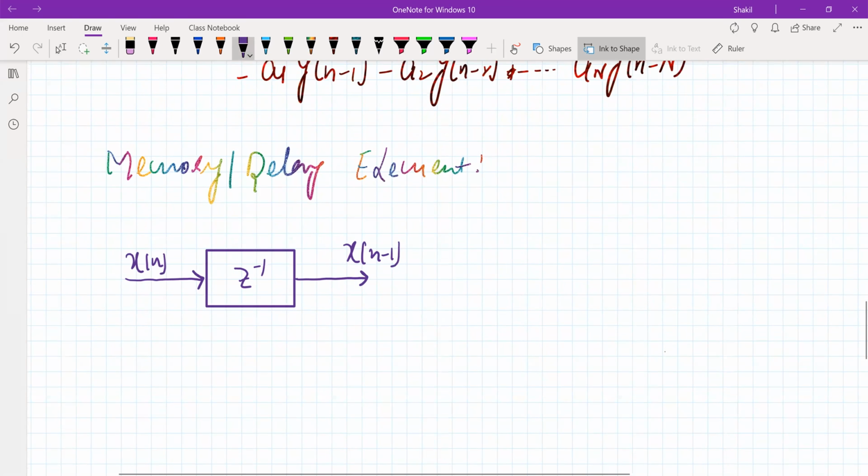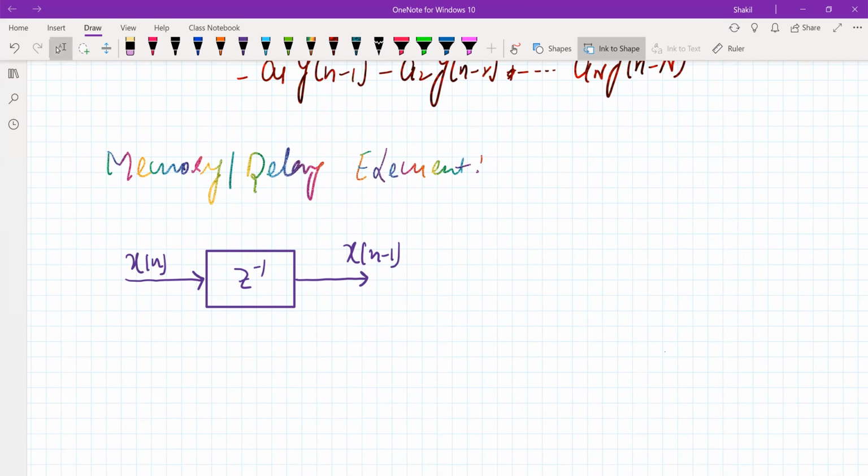In the same way, the same system in the frequency domain can be written like this. If the input is x of z, then in the frequency domain the output will be z inverse x of z, because this is the z transform of this. So it is one and the same thing.